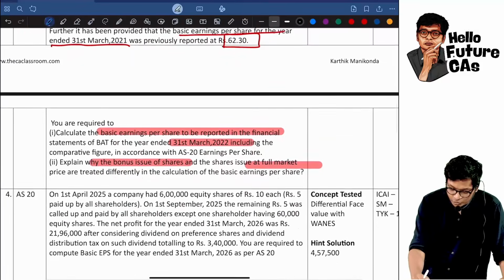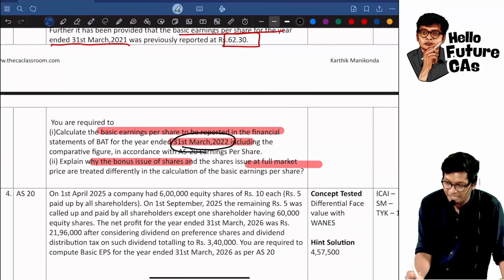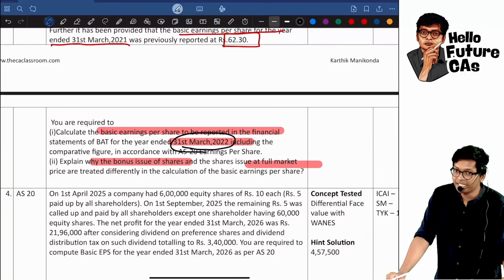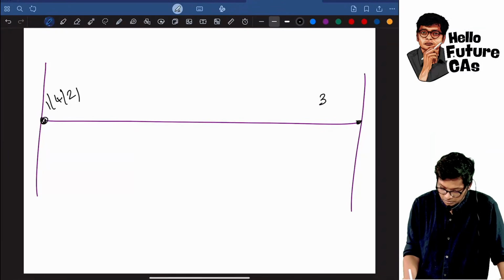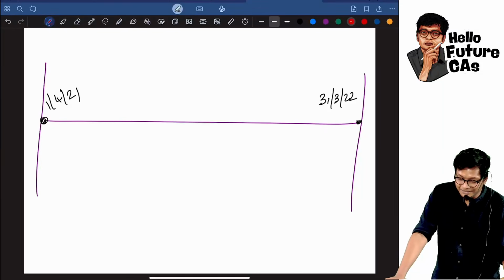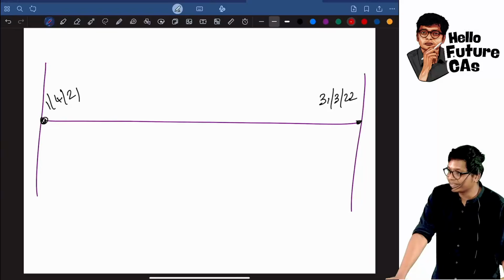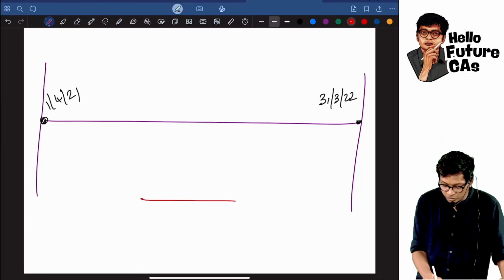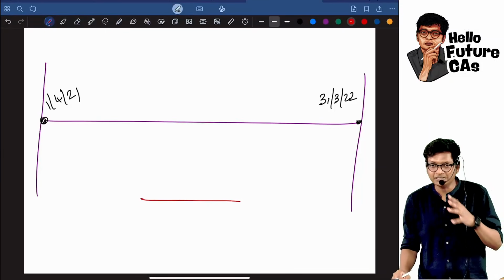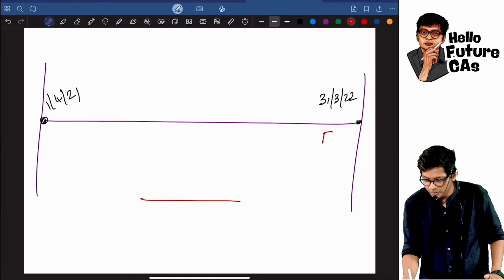They are asking you to compute EPS for 31st March 2022. Correct? That means this is my financial year, and they correctly gave a period of 12 months. Simple. When it comes to EPS, however complicated the question is, he wants EPS for this day.